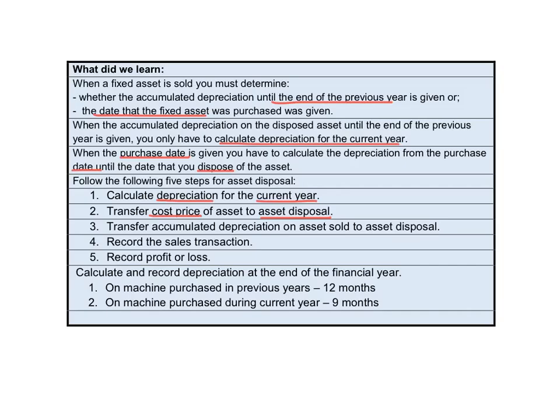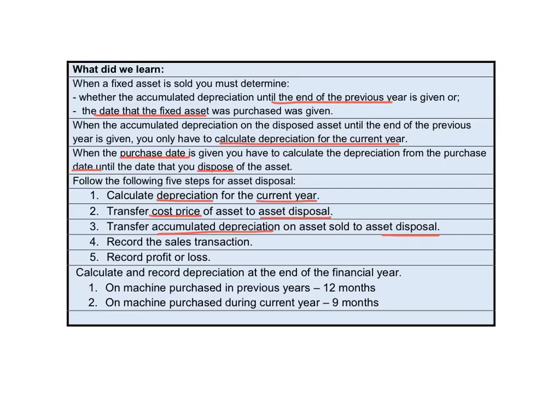Then we will transfer the accumulated depreciation to asset disposal. I will determine what is the total accumulated depreciation from the purchase date until the date that we sell the asset, and this total amount will be removed from my accumulated depreciation account on the debit side and transferred to the credit side of the asset disposal account.